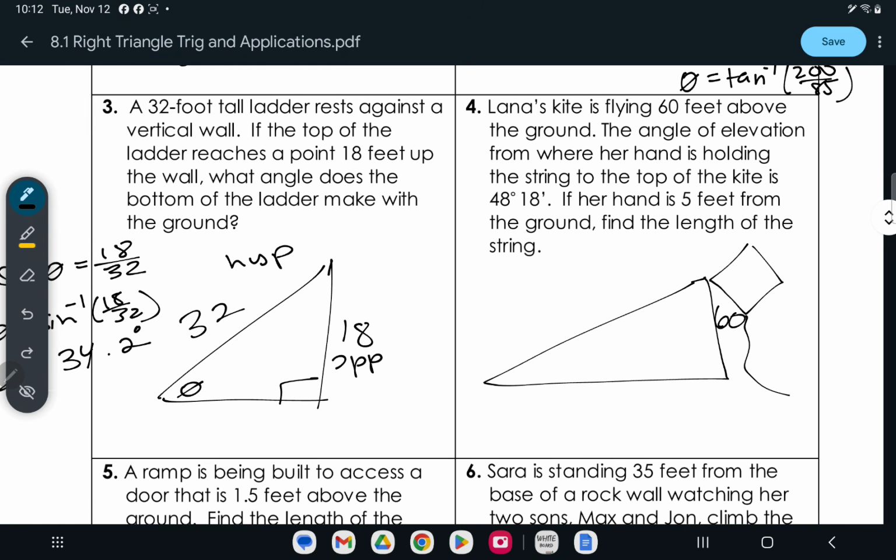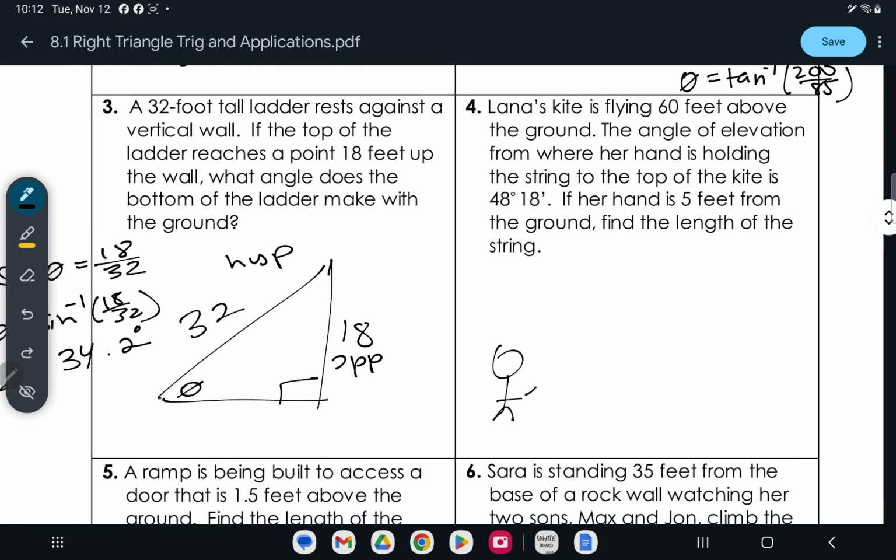If her hand is 5 feet from the ground, find the length of the string. All right, let me back it up here before I do this. So I've got a person holding the kite, where her hand is holding the string.